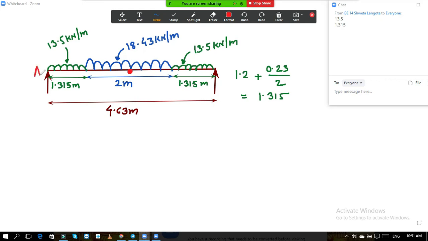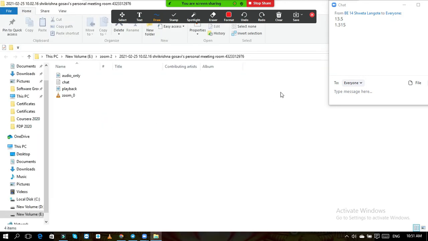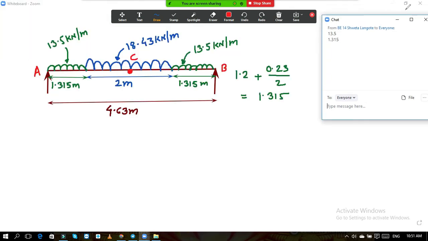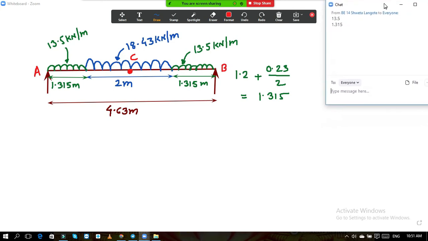Suppose this is our point A, this is our point B, then let us name this point as point C. At point C, here our reaction is RA, this is the reaction RB.